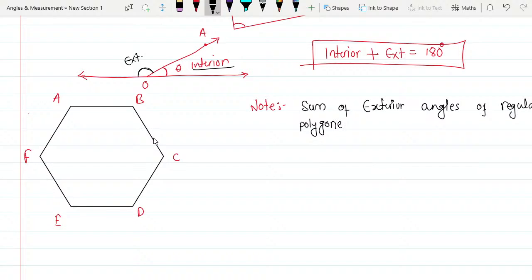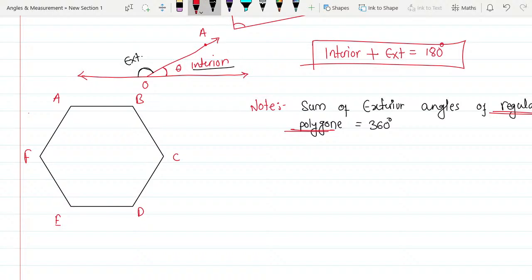It could be anything: pentagon, hexagon, octagon, septagon, decagon, any polygon. The sum of exterior angles for any regular polygon is always equal to 360 degrees. Always remember. And the important term is what? It's a regular one. It should be regular, then only we can say this is equal to 360 degrees, otherwise we cannot.